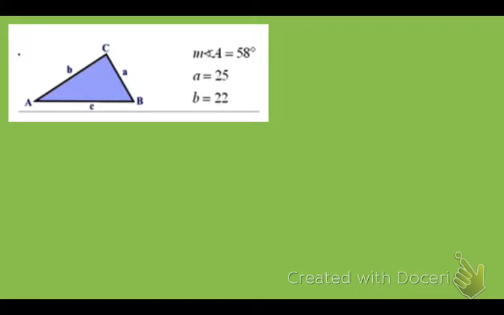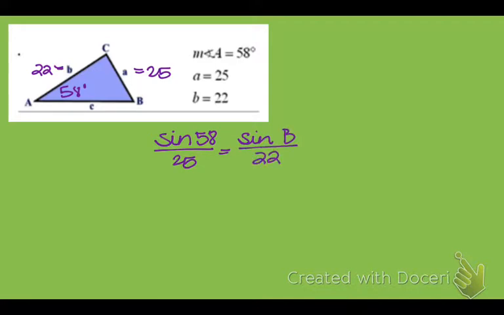All right, in our second example, the measure of angle A is 58, so it is still an acute triangle. A is 25 and B is 22. So we go ahead and set up sine of 58 over its opposite side 25. That's going to be equal to sine of B over 22.